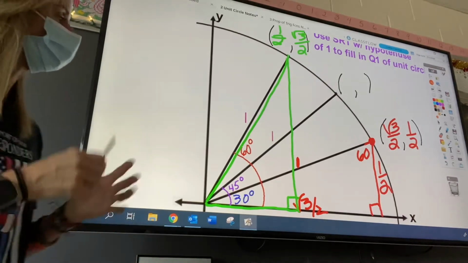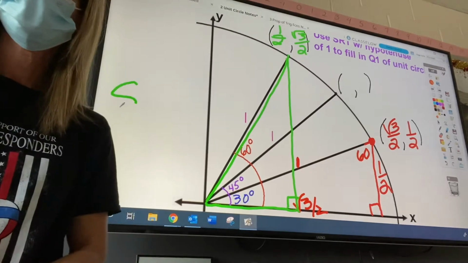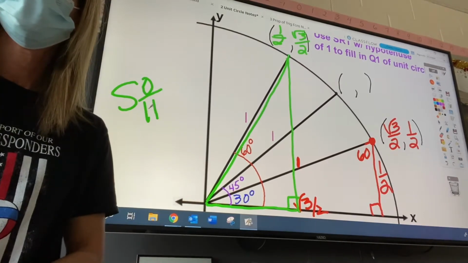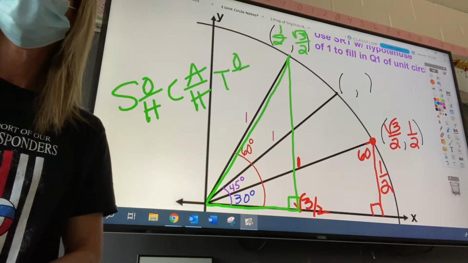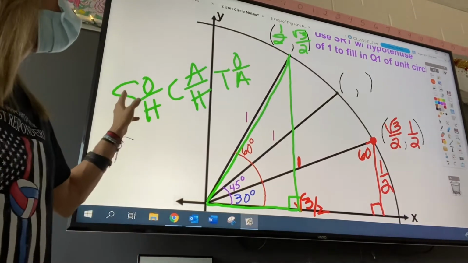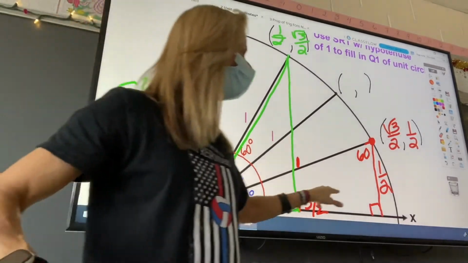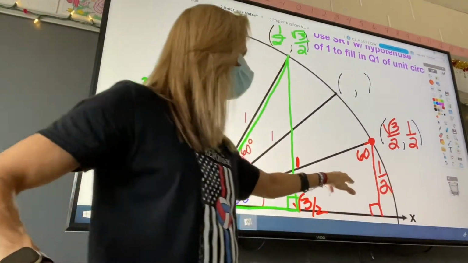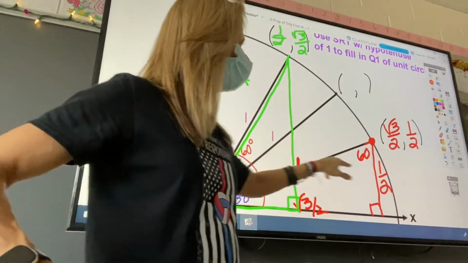And from SOHCAHTOA, do you guys remember SOHCAHTOA? Sine is the opposite side over the hypotenuse. So the sine of 30 degrees is the opposite over the hypotenuse, which is the y value, 1/2.